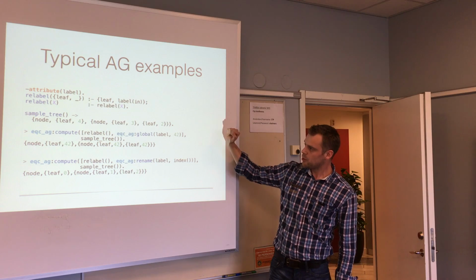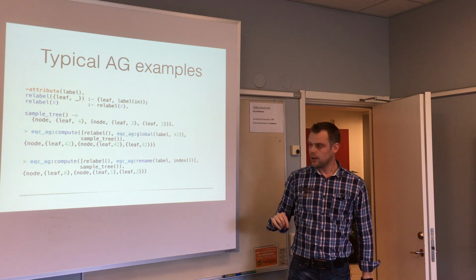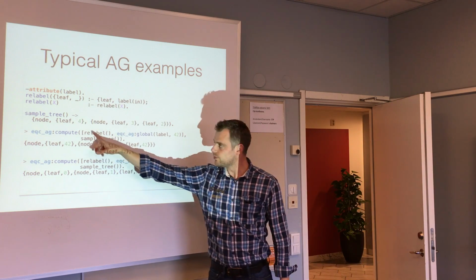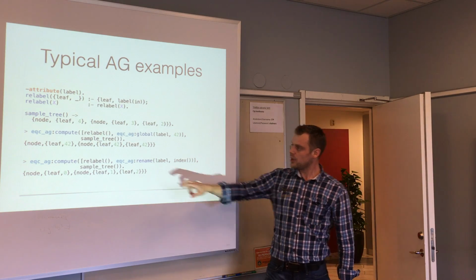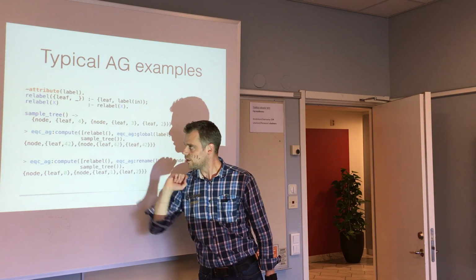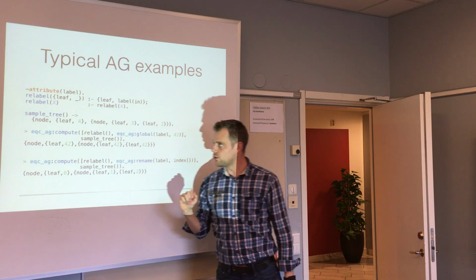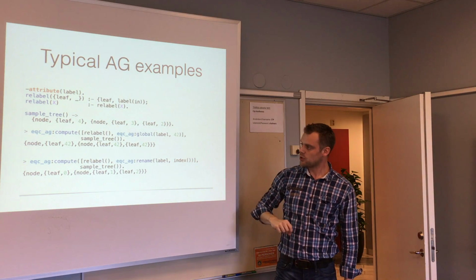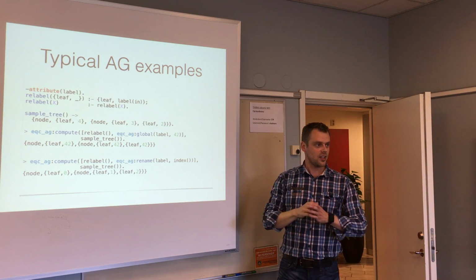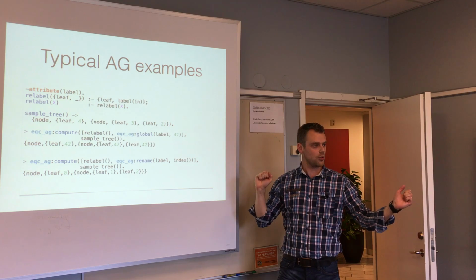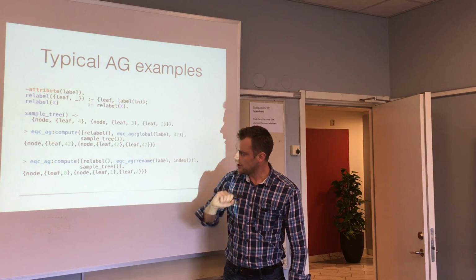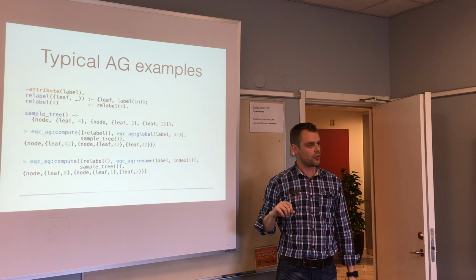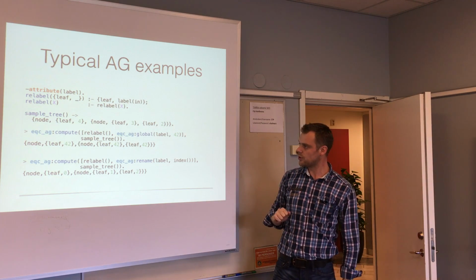So if we have a sample tree, we can compute the synthesized values with the following function. The module is called EQC-AG. It exports a compute function that takes a list of attributes and the tree to traverse, so the data structure to traverse.